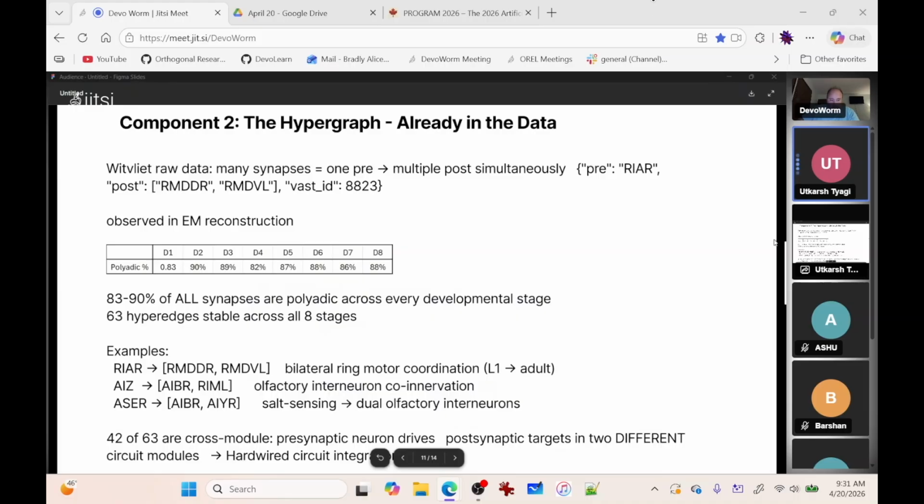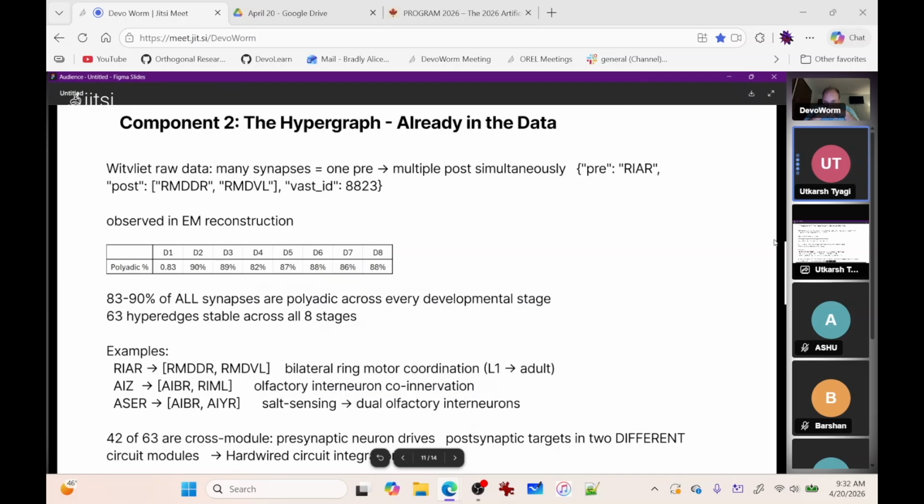The most frequent is RIAR driving RMDDR and RMDVL simultaneously: the right RIA interneuron simultaneously coordinating with the dorsal right and the ventral left RMD motor neurons. 42 of these 63 stable hyperedges connected neurons in 2 different circuit modules, presynaptic neurons simultaneously driving targets in the olfactory circuit and the locomotion circuit, for example. I have yet to dive deeper into this before I can truly understand how I'll be integrating this with my network.